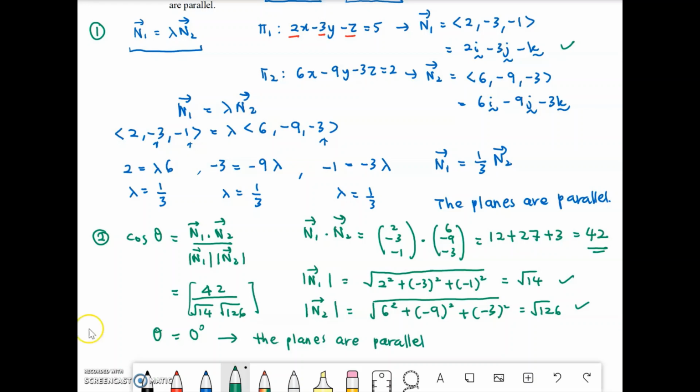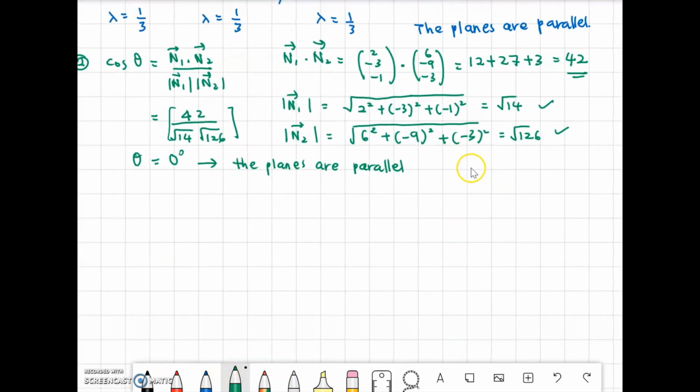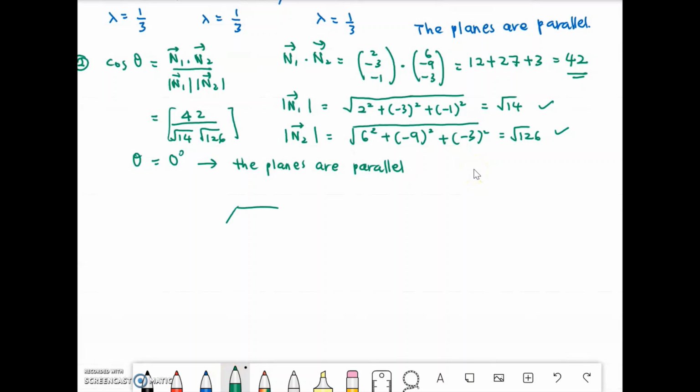Because if you try to draw parallel planes, this will be pi 1 and this will be pi 2, and you can see that the angle between the normal vector for plane 1 and the normal vector for plane 2 is 0. So it means that the planes are parallel.